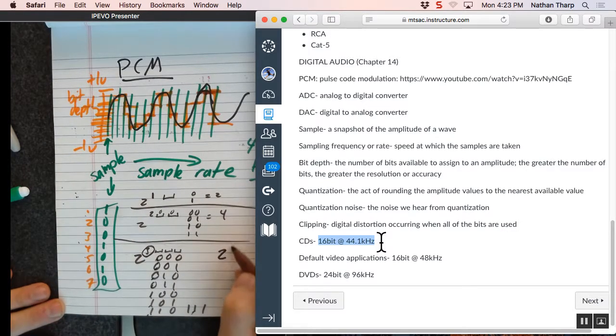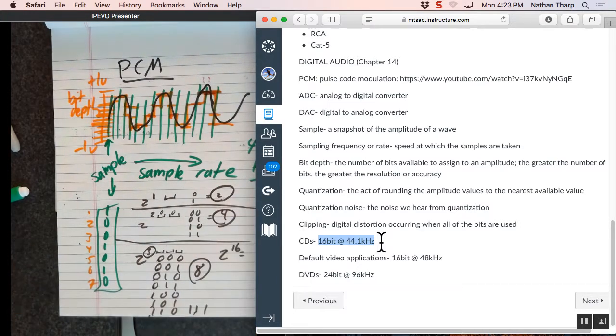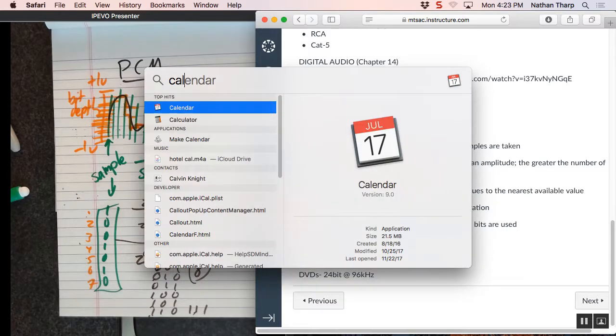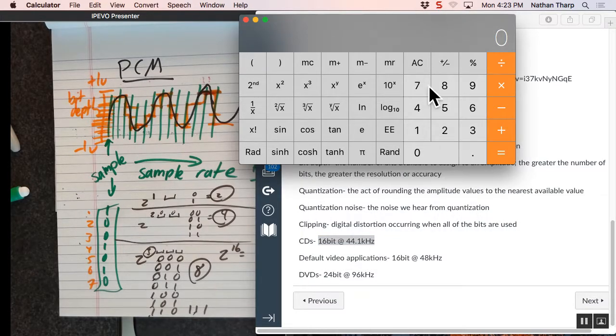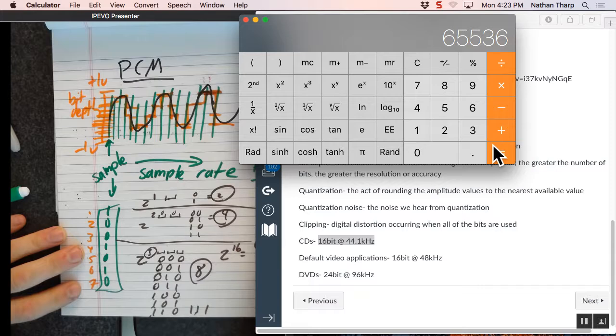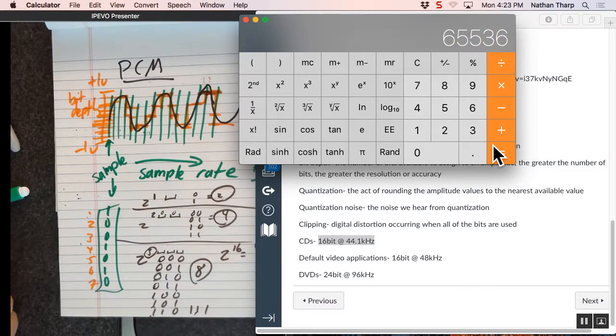So when I get up to 2 to the 16th, we had 8 here, we had 4 here. Can anyone tell me what 2 to the 16th is? 65,536 steps in between there.